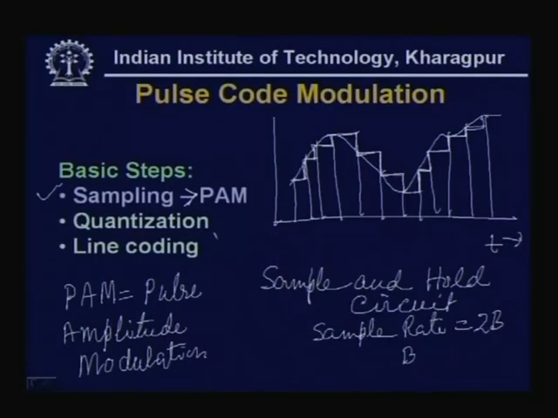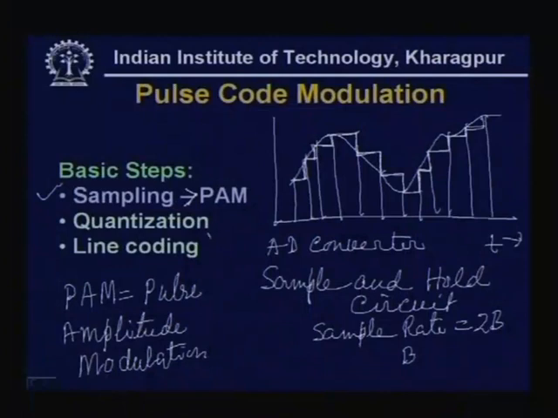So, you now have to do the quantization. Quantization is done with the help of a hardware known as an analog to digital converter, or AD converter. The AD converter has a limited number of bits, say 8 bit or 6 bit.